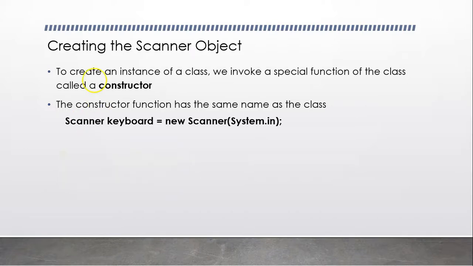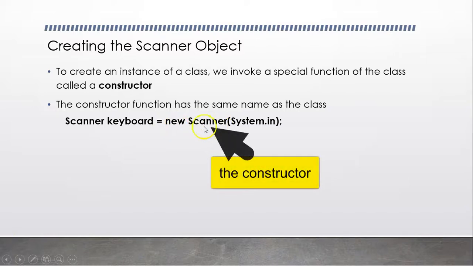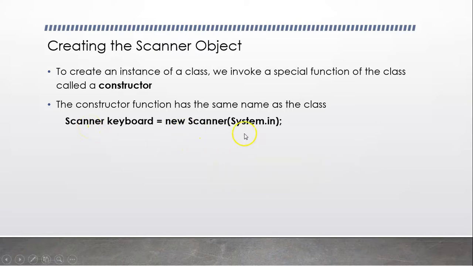But over on the other side of the assignment operator, where we see the equal sign, we then see new Scanner. What is this? Scanner is the name of the constructor, same name as the class. And we're passing into this constructor an argument or parameter called System.in, the name of the object that is effectively associated with the keyboard.